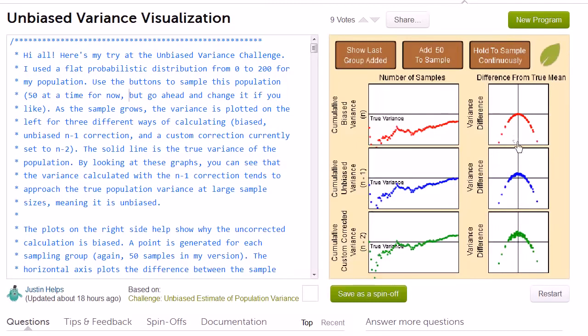And just to be clear what we're talking about in these three graphs, let me take a screenshot of it and explain it in a little bit more depth. So just to be clear, in this orange graph right over here, for each of these samples, we're calculating the sample variance using the sample mean, and in this case we are using n as our denominator, and from that we're subtracting the variance, or you could call it some kind of pseudo sample variance, if we somehow knew the population mean.